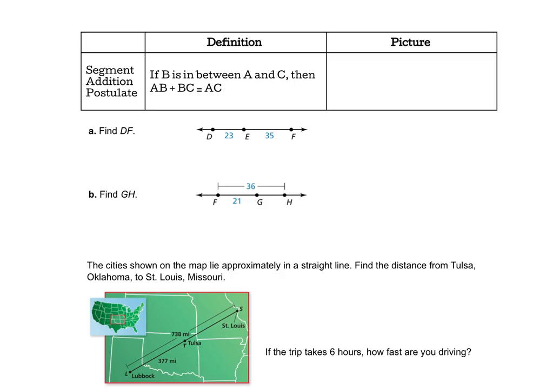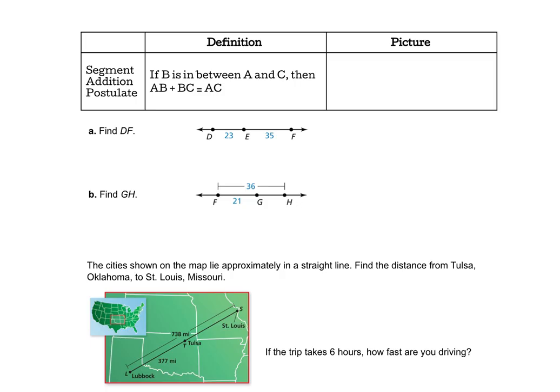When they are together, we know the total length. If we just cut it, the 2 individual pieces make the total piece. So that's what the segment addition postulate is essentially saying: 2 individual pieces of a segment add up to equal the entire thing.